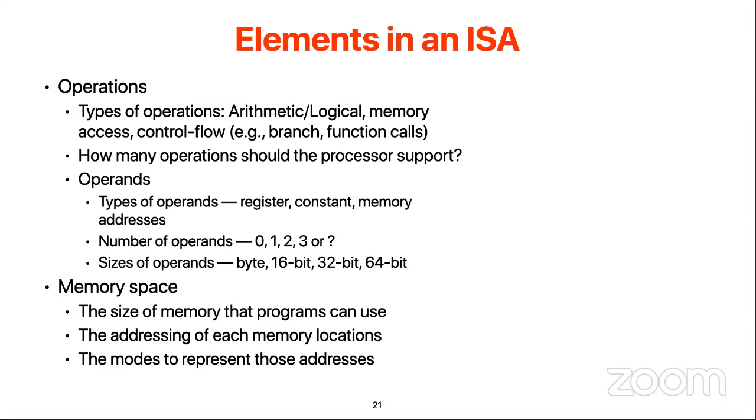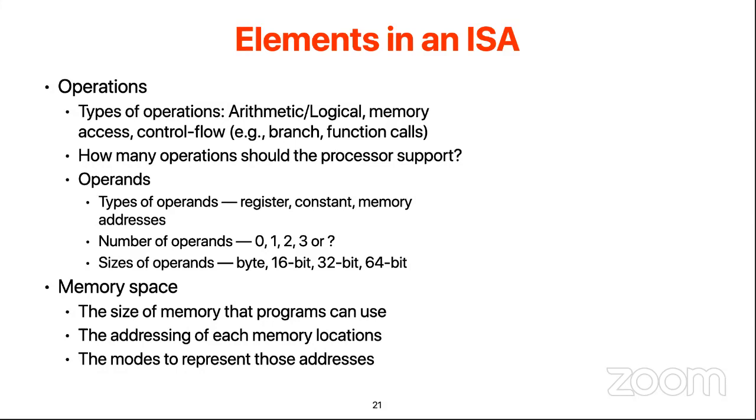So typically, a processor would support arithmetic and logic instructions, memory access instructions, and control flow instructions like branch or function calls. And it should also define how many operations this processor should support, how you describe their operands, what type of operands, and how big the operands are that we support. And also the memory space, another big part of a von Neumann architecture, is the memory, right? Like how big the memory a program can use.